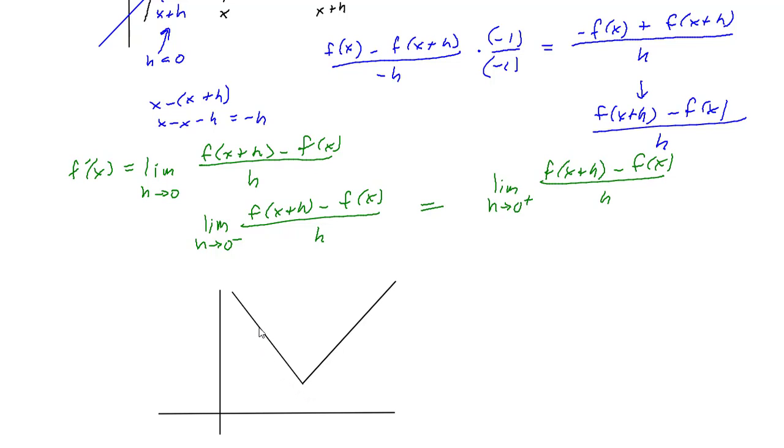The derivative from the left side continues to be this negative slope. So this derivative actually right here does not exist. This is not differentiable at that particular, say this particular x value. Say x equals a, this would not be differentiable.